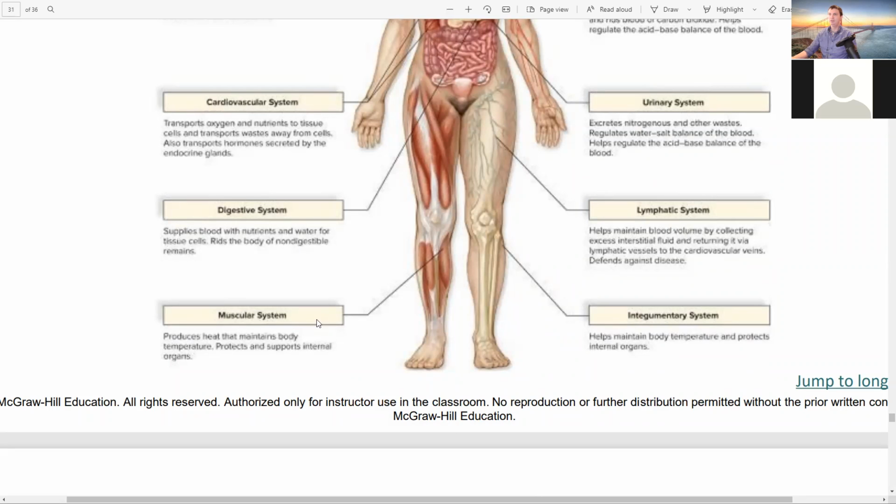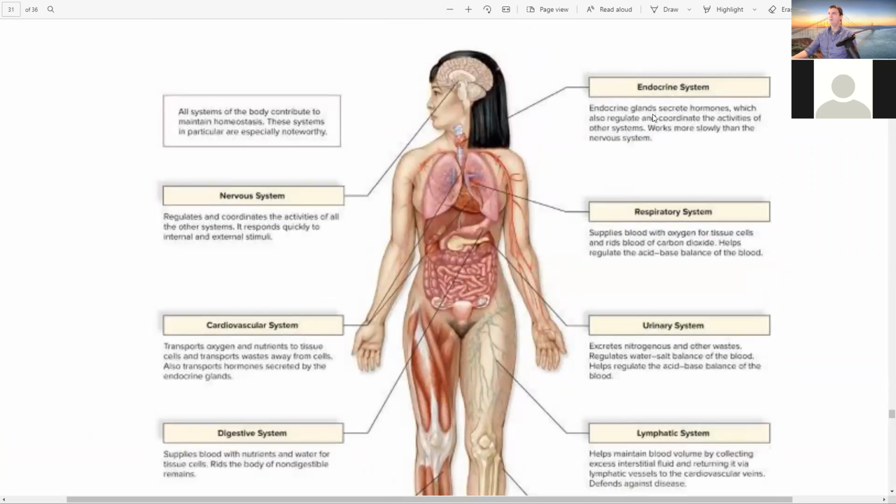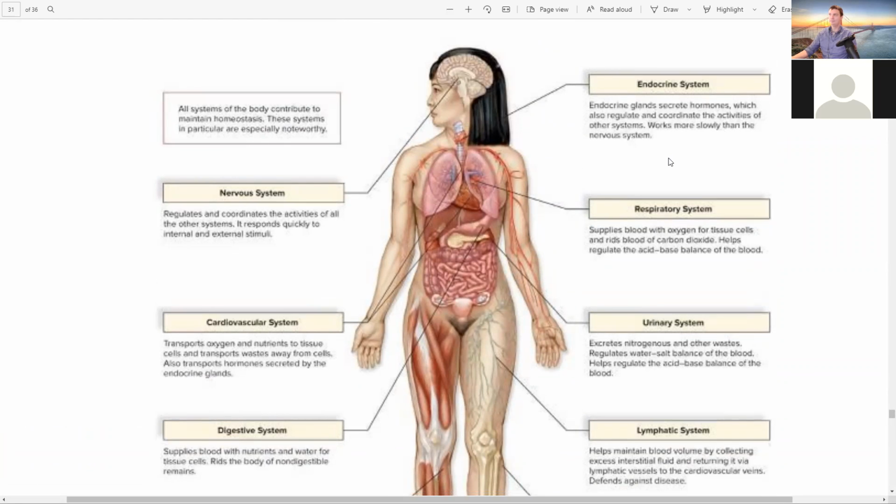Then we have the muscular system, which produces heat that maintains body temperature and protects and supports internal organs. Then we have the endocrine system, where the endocrine glands secrete hormones, which also regulate and coordinate the activities of other systems. And this one works more slowly than the nervous system, but again, lasts longer.